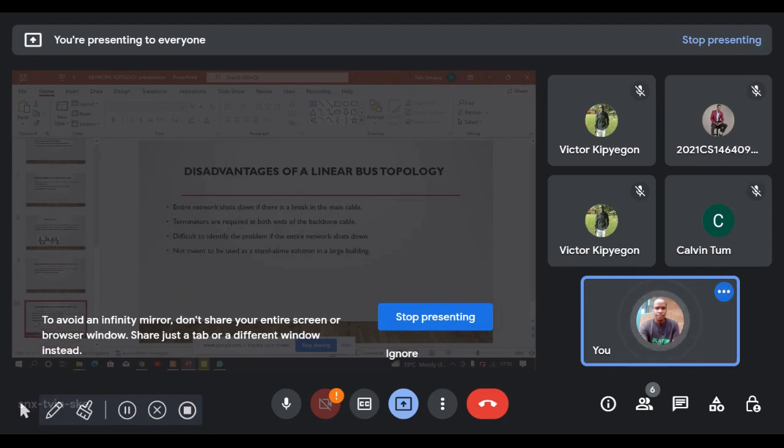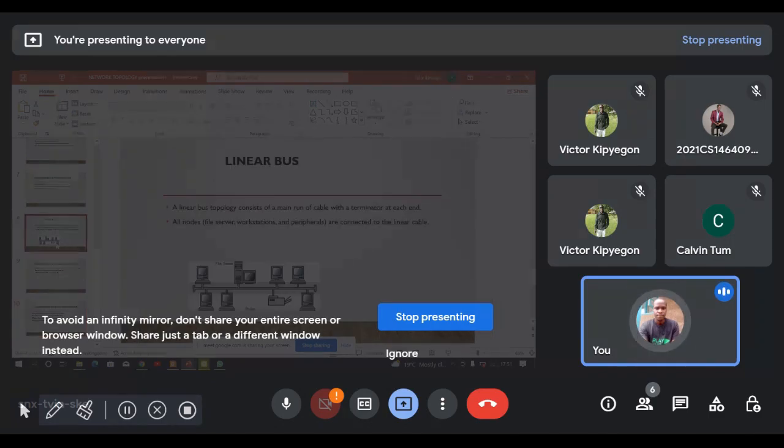We go to the disadvantages. Disadvantages of a linear bus topology: the entire network shuts down if there is a break in the main cable. When you see this cable here, if it is damaged, the whole topology won't work.